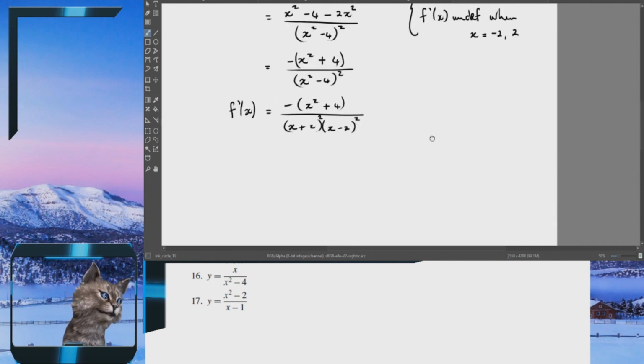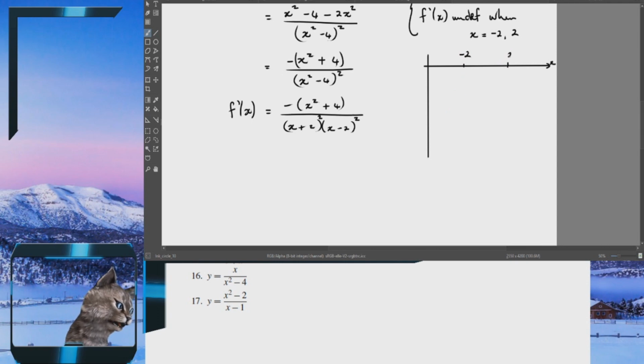Whether or not they're actual critical points is kind of irrelevant. I list them on my table all the same. So we have a lot more in our table, but still just broken up into 2 pieces. On the left here, I will indicate all the pieces: negative 1, x squared plus 4, which I cannot factor.